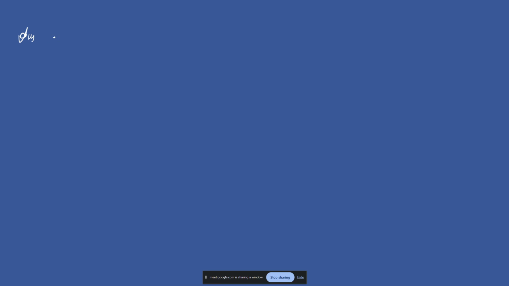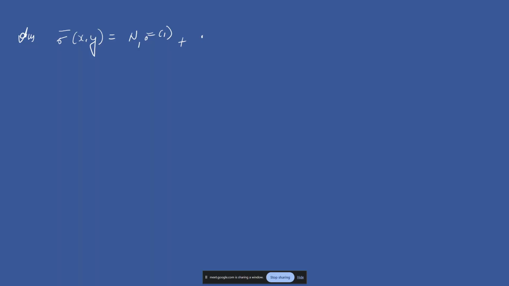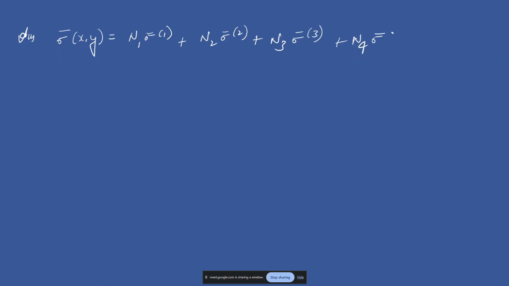So the shape functions, we are assuming that the shape function interpolates the stress field, and that's why your final stress field can be written as N1 sigma bar 1 plus N2 sigma bar 2 plus N3 sigma bar 3 plus N4 sigma bar 4, right?